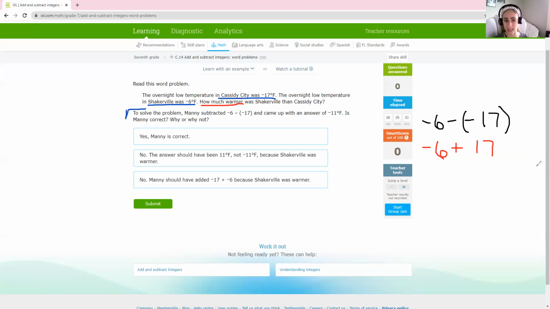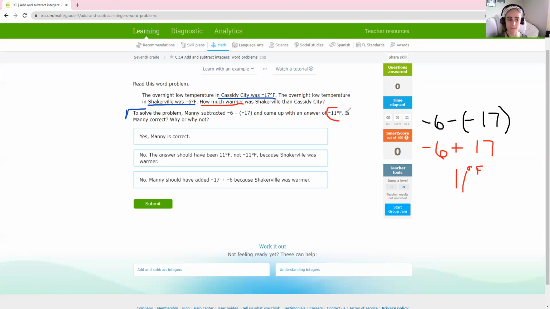Remember, when you're adding, if they have different signs, you subtract, and the larger absolute value determines your sign. 17 minus 6 would be 11. But if I look at the absolute value, the larger absolute value is 17, and 17 is positive, which means our answer should be a positive 11 degrees Fahrenheit.